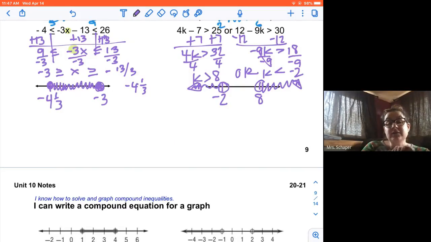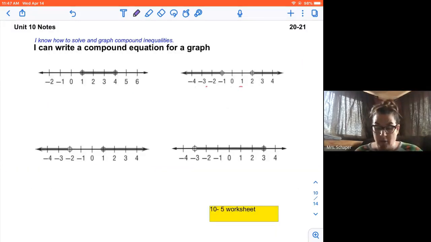Now this next one, what we are going to do is write the compound inequality for these. And then it's going to give you some time to work. So this first one, it's shaded together, tells me it's going to be an and. So I'm going to put my lesser number to the left, my greater number to the right, and my variable in the middle.